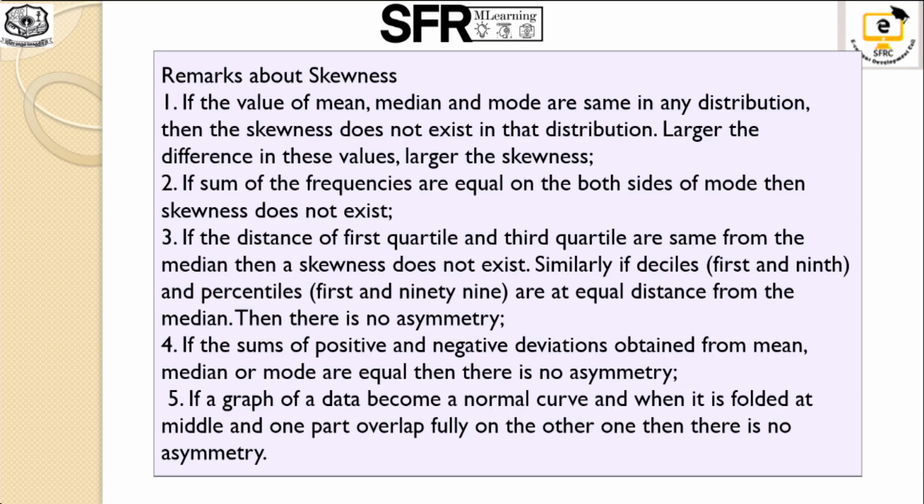In the second situation, if the sums of the frequencies are equal on both sides of the mode, then skewness also does not exist. In the third situation, if the first quartile and third quartile, that is Q1 and Q3, are at the same distance from the median, then skewness does not exist.